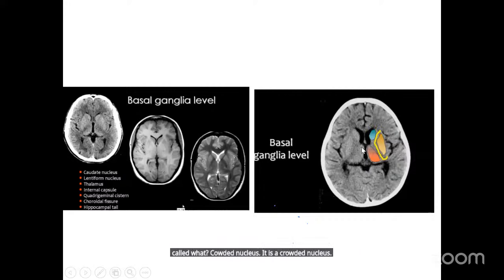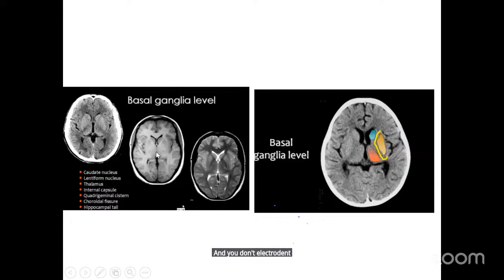All right, you come down, that's the triangular or diamond-shaped thalamus, and that's the third ventricle. You see the inverted V-like appearance, the internal capsule, then the lenticular nucleus, having the globus pallidus and then the putamen. Look at it in MRI: head of caudate nucleus, found within the concavity of the anterior lateral ventricle.